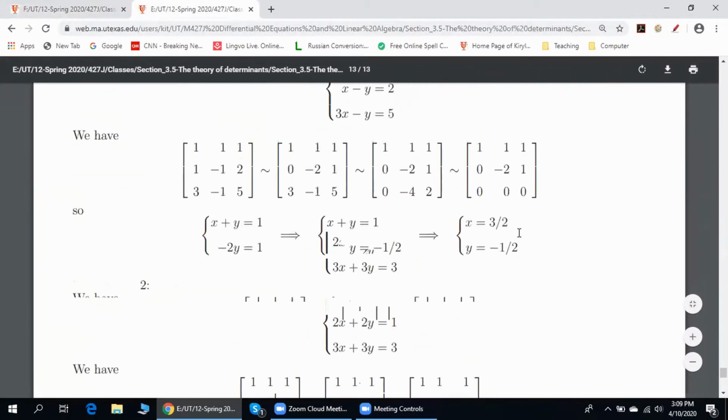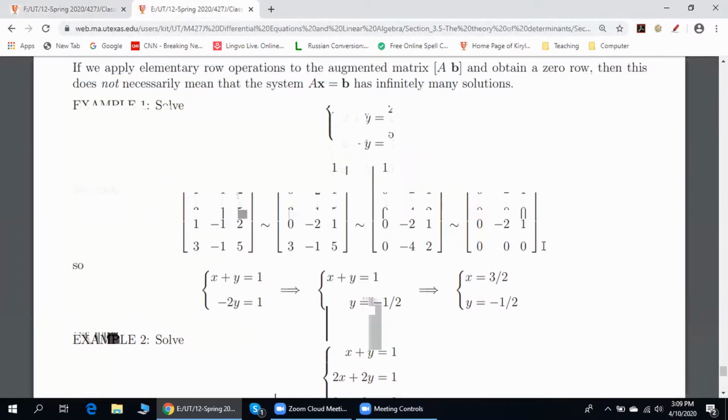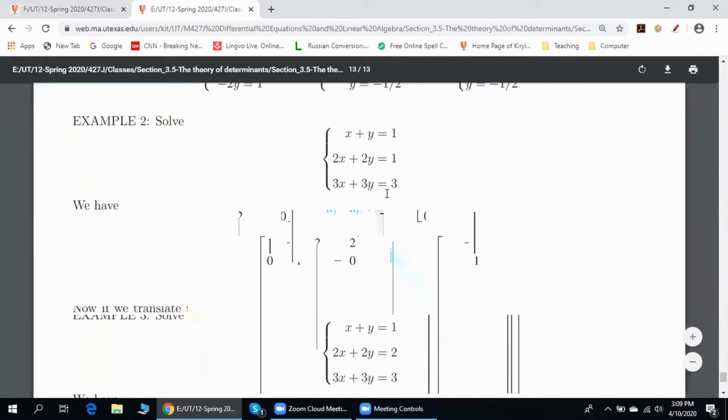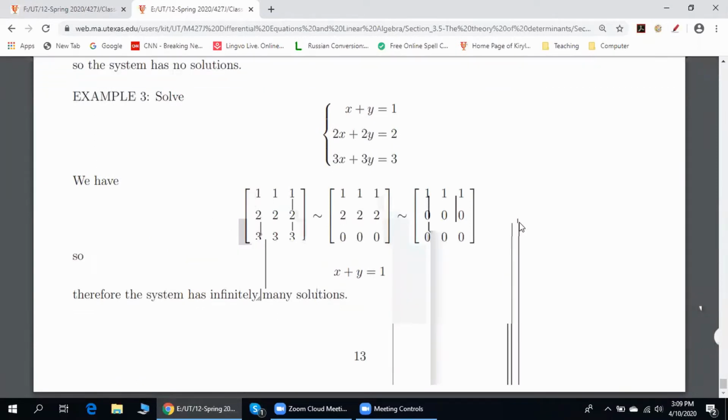In all 3 examples, when we apply elementary row operations, we get a zero row. But in example number 1, this system has only one solution. In example number 2, no solutions. In example number 3, infinitely many solutions. So despite the fact that in all 3 cases we have a zero row, we have 3 different outcomes.